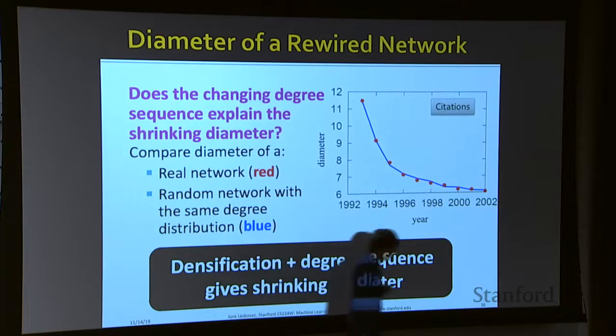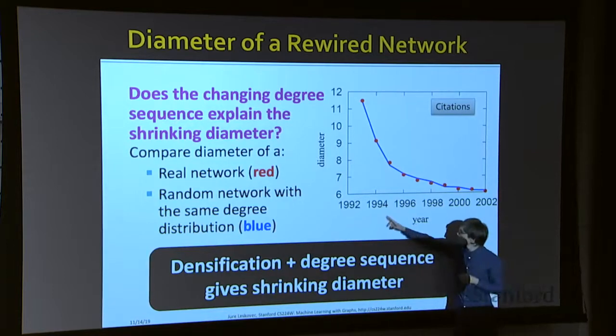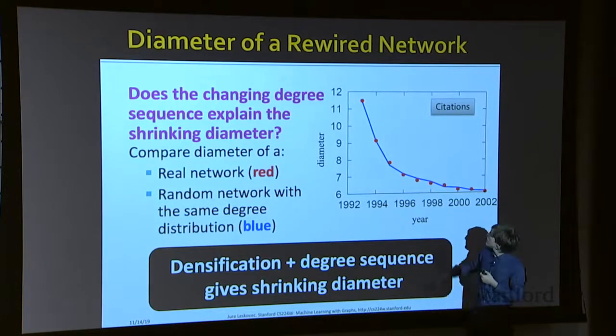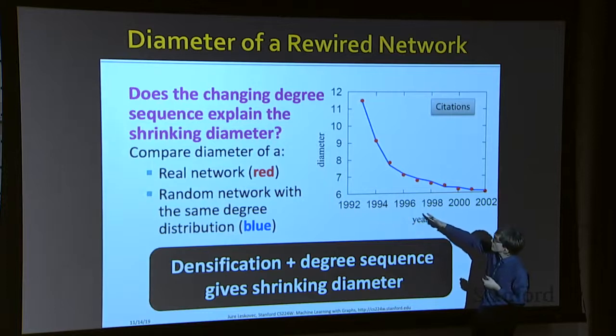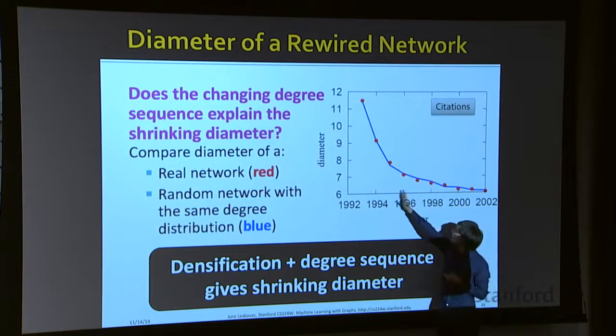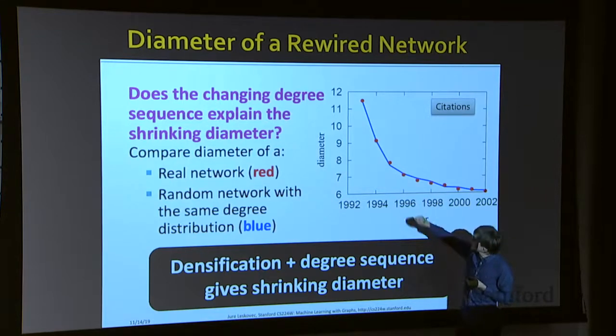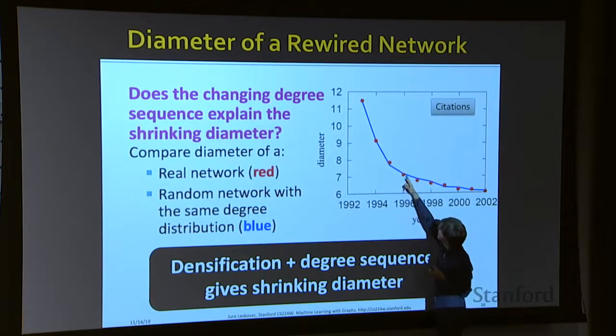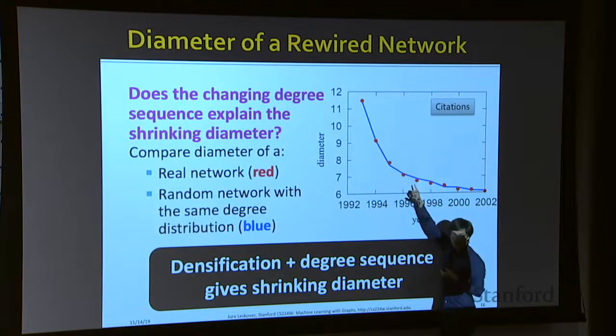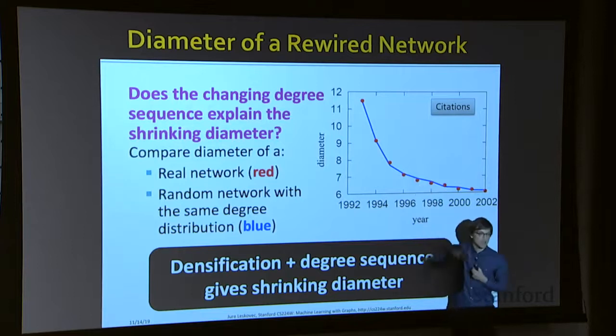And here is how it looks, okay? So this is time. Now this is the arXiv paper citation network. Red dots are diameters as a function of time, and the blue line is the diameter of the network that has the same number of nodes, the same number of edges, and the same degree sequence as the red dots.